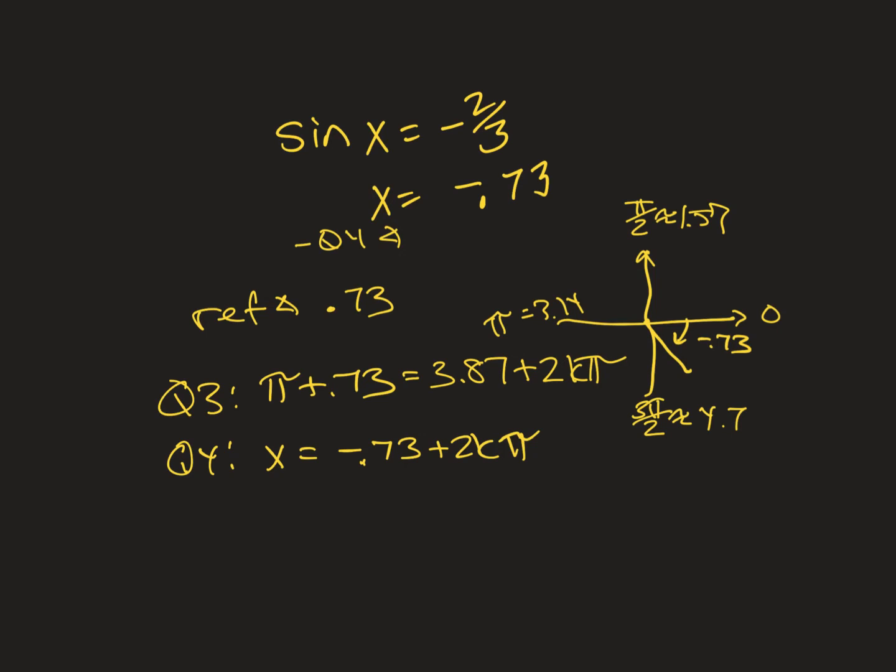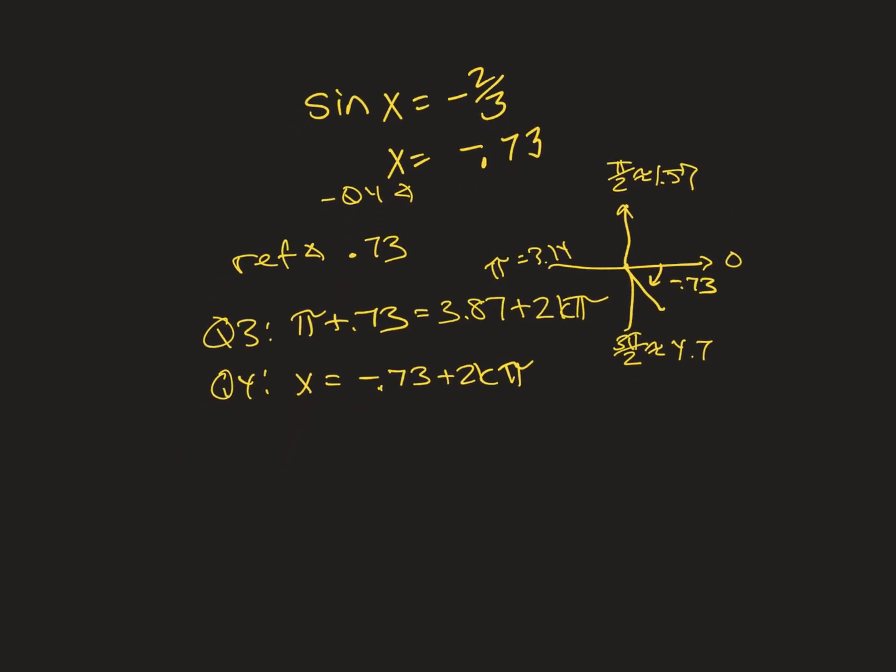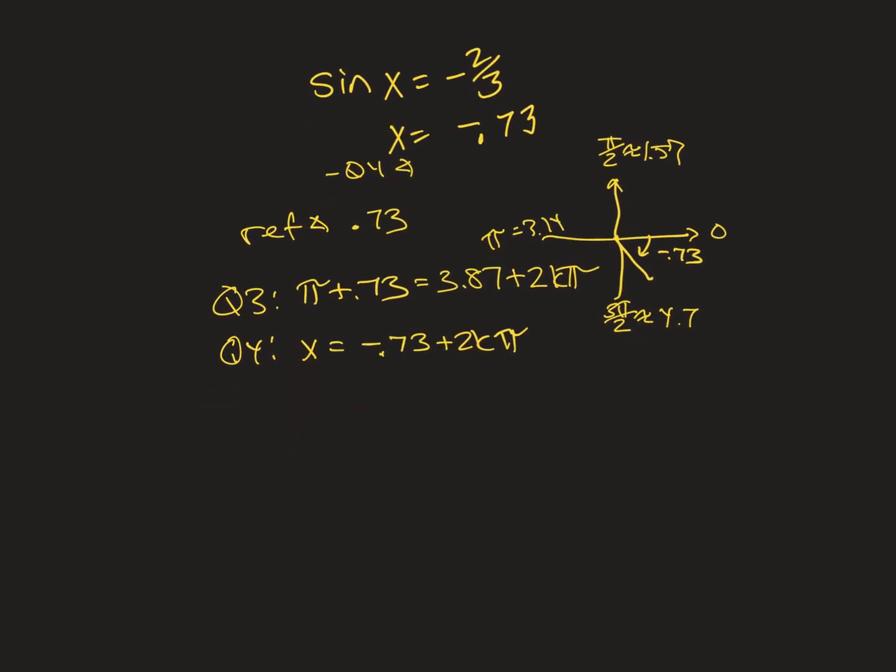All right, let's do another. Let's do one with cosine. So cosine of x equals, let's do negative 1/3. All right, so again, let's move to our calculator here and do inverse cosine of negative 1/3.